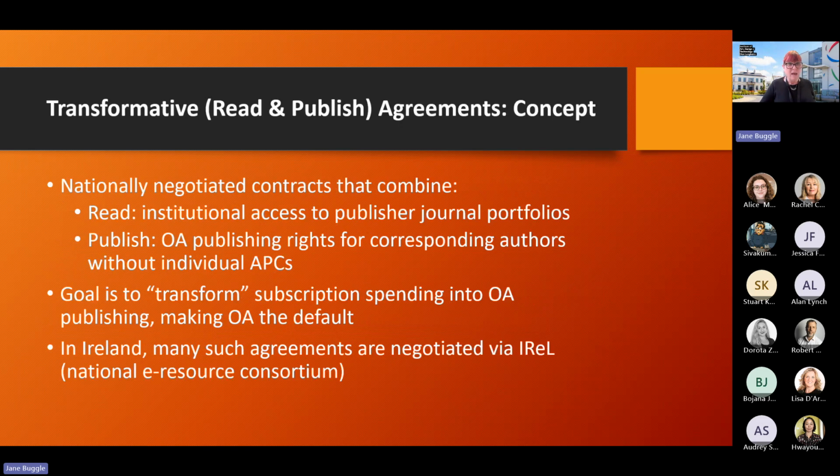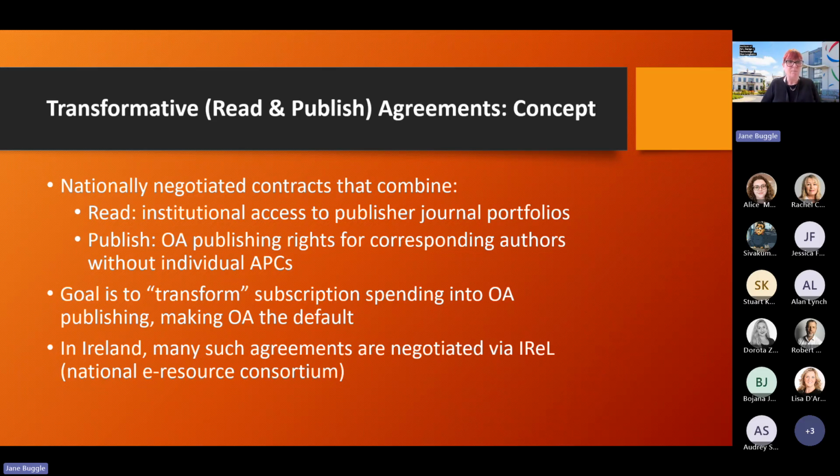Transformative agreements are also called read and publish agreements. They're nationally negotiated contracts that combine a read element, which is institutional access to the publisher's journal portfolios, and also a publish aspect, where there are OA publishing rights for corresponding authors without individual article processing charges. The corresponding author is the lead author, the person who corresponds with the publisher.